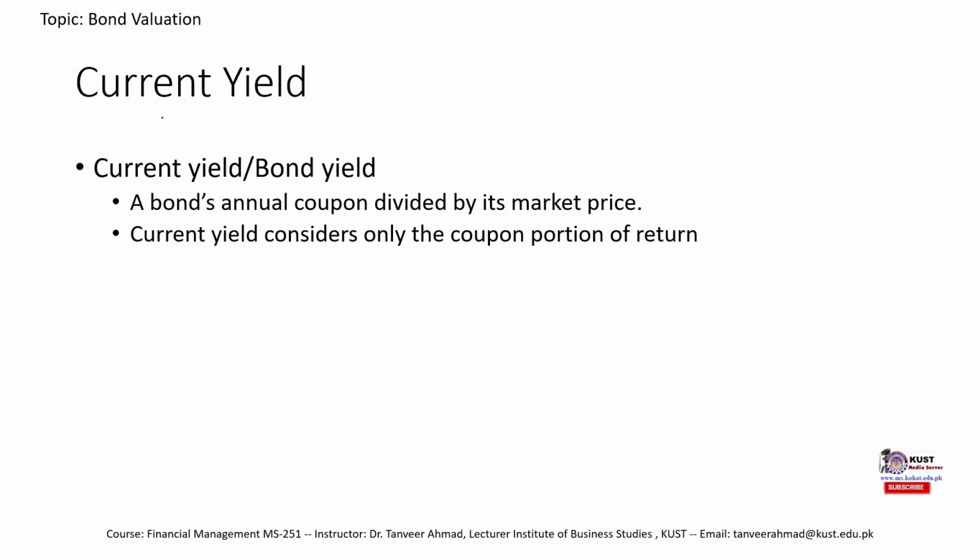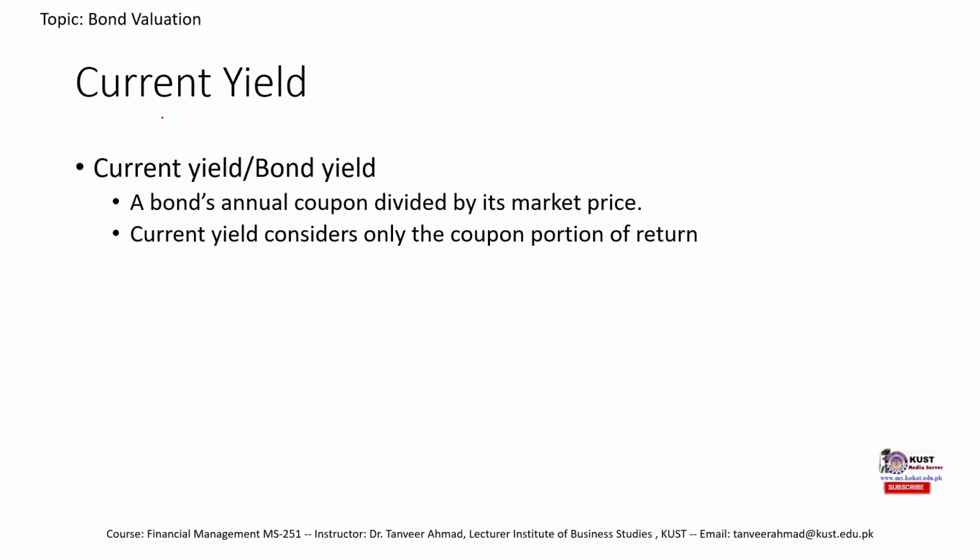Now, what is yield to maturity? We know that it is when we buy the bond and hold it till maturity. That is yield to maturity. That is the return that we earn from the bond, from our investment.